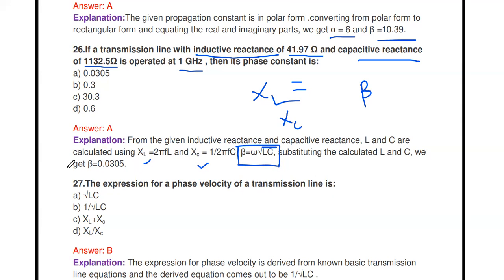We will get the answer: beta equals 0.0305. It's a somewhat lengthy problem. Remember, if instead of the reactances, L and C are given directly, it is easy to calculate beta equals omega into root LC. You just substitute and calculate.